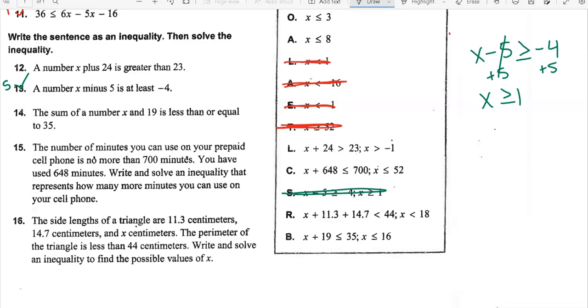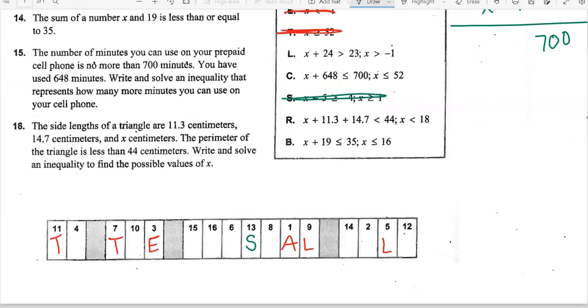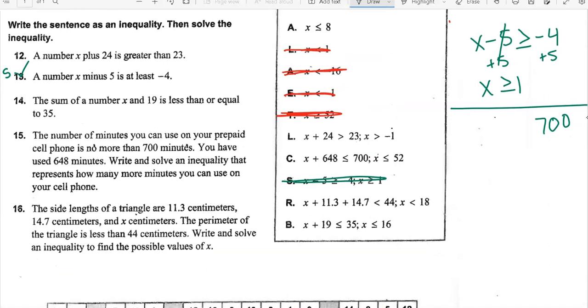Write and solve an inequality that represents how many more minutes you can use on your cell phone. All right? So we can only use up to 700, right? We know that's the maximum. We have to use less than that, right, on my phone. Can you use 700 exactly? Yes. So whatever I use has to be less than or equal to 700.